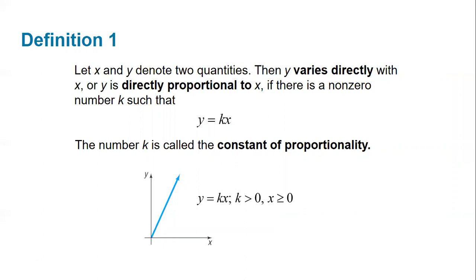The key thing is varies directly or directly proportional to. If you read that in your problem, that means you are multiplying your independent times k.